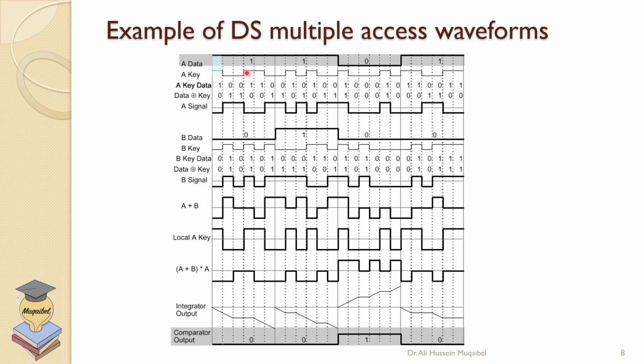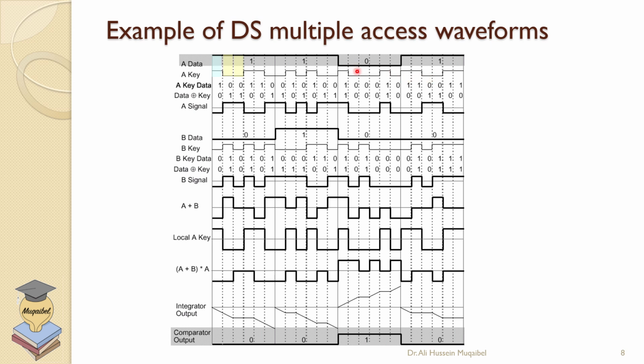What we are going to do is multiply the key with the data, or XOR them. So you get 0, 1, and so on.